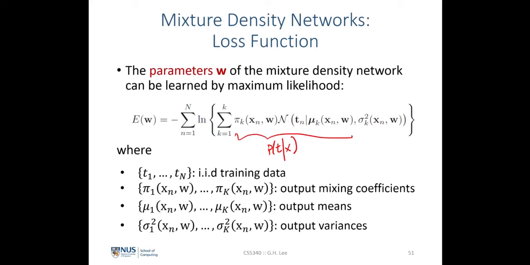So now we can simply take the negative log likelihood and use it as a loss function. As I've mentioned earlier, the loss function simply means that we need to minimize this over all the weights, where W represents the learnable weights in my deep neural network that will output all the parameters of the mixture density network.